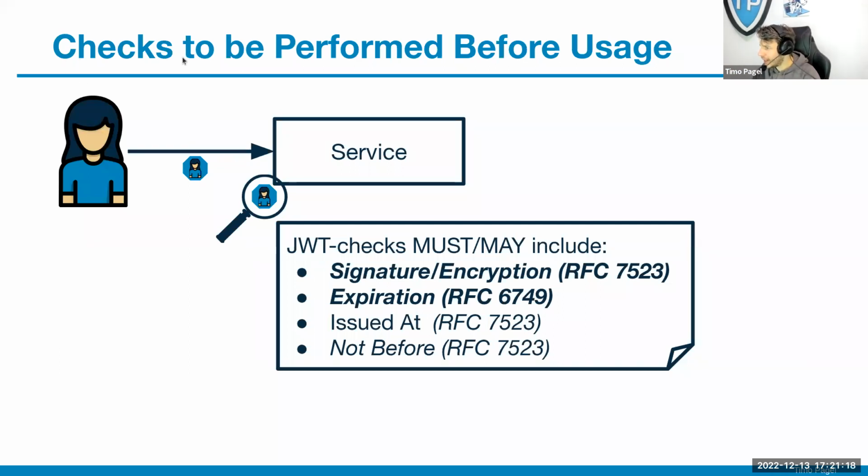All right. So what can you check on a service level, or are these actually checks which you can also perform at the edge? So what you need to check is the signature, obviously. You need to check the expiration. That's very important. You might check, for example, not before. So is the token already able to be used?